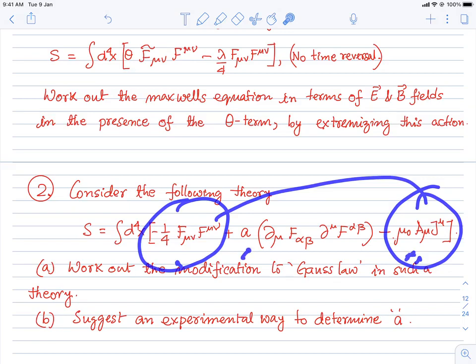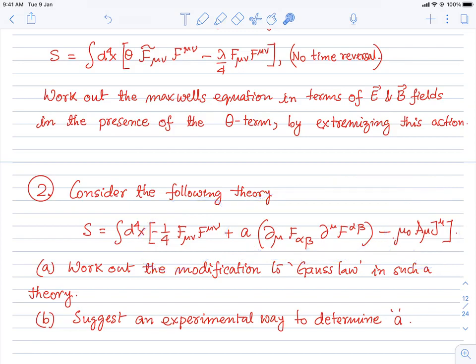Now, if you have a correction to that, which is a higher derivative correction, apart from the fact that this is not two derivatives but four derivatives, it is gauge invariant, it is Lorentz invariant, and it is also time reversal symmetric. You can see whether this is time reversal symmetric or not by writing it out in components. So this term in general would be allowed if you don't restrict yourself to two derivative theories.